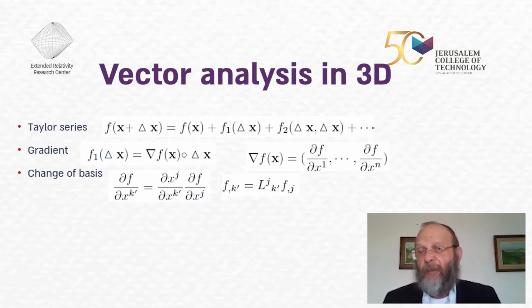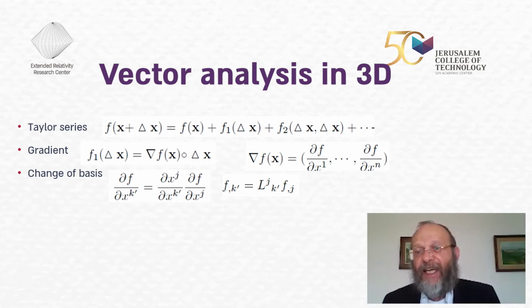Let's check what happens when we change the basis. When we change the basis, df/dx_k prime is, by the chain rule, df/dx_j times dx_j/dx_k prime. This matrix has the primed index law. It is not L, it has to be written R. It's multiplication from the right.